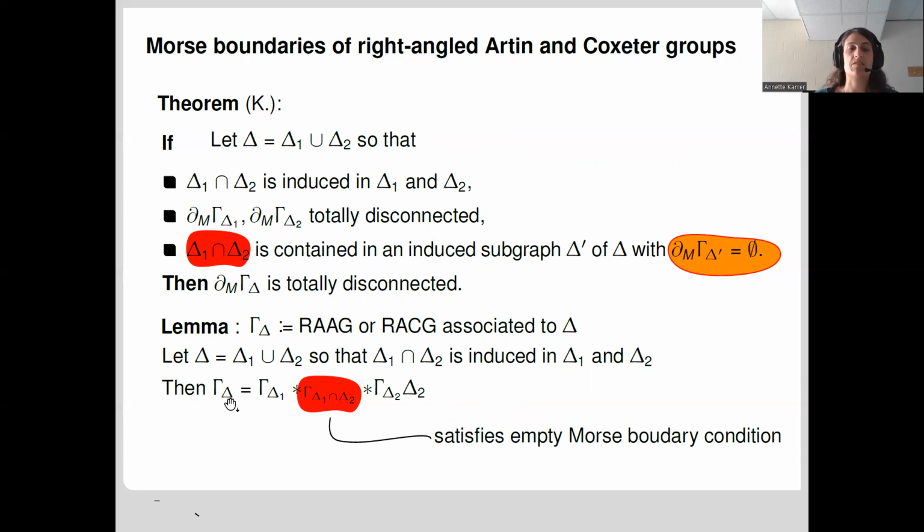So here the group splits as an amalgamated free product of two groups corresponding to the first and to the second graph along a group which corresponds to the intersection graph. And remember, this intersection graph satisfies an empty Morse boundary condition. And this is the Morse boundary condition on our edge groups I mentioned at the beginning of this talk.